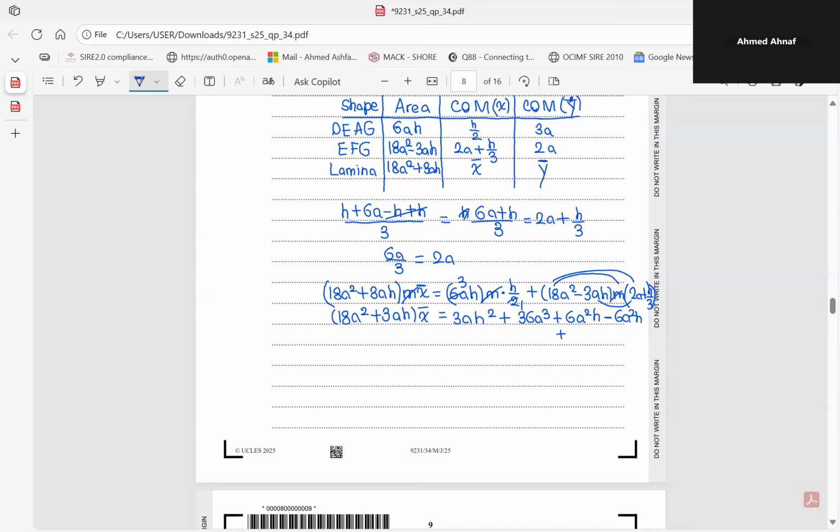I'm just going to continue here. Oh, it's a minus sign. Minus 3AH times H over 3. 3 cancels out. So you get minus AH squared. Okay, let me see.